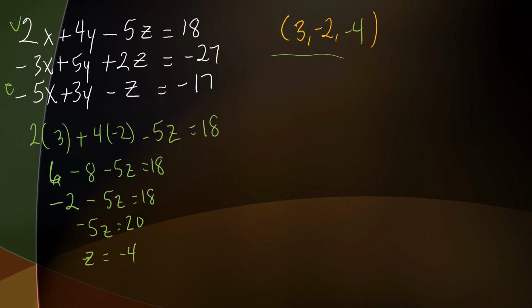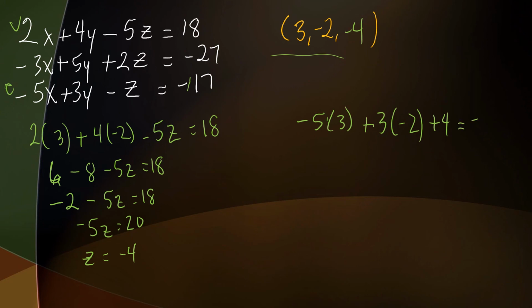I could have picked B. I just don't want to use A because I used A to find z. So let's see. I got negative 5 times 3 plus 3 times negative 2. I'm substituting in these values for x, y, and z. Minus negative 4. Putting in negative 4 for z. That's going to make that plus 4.